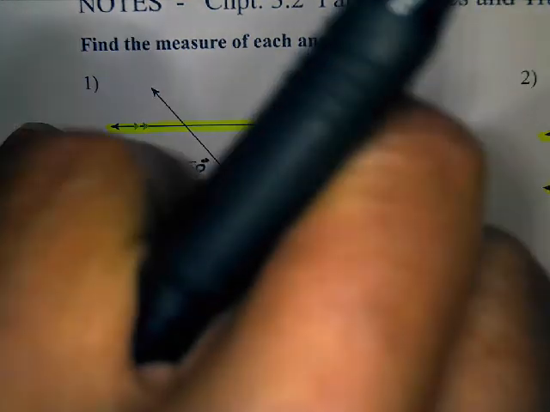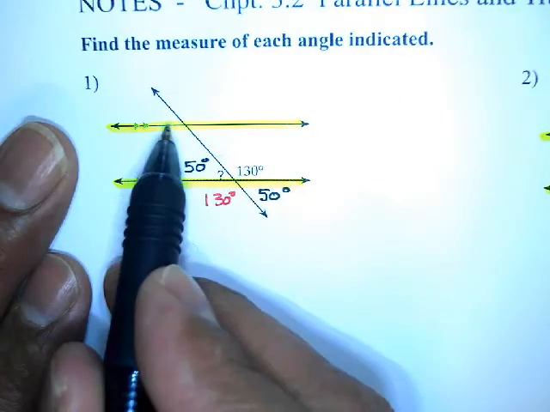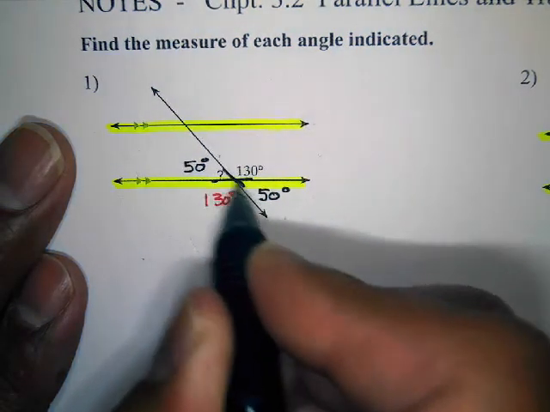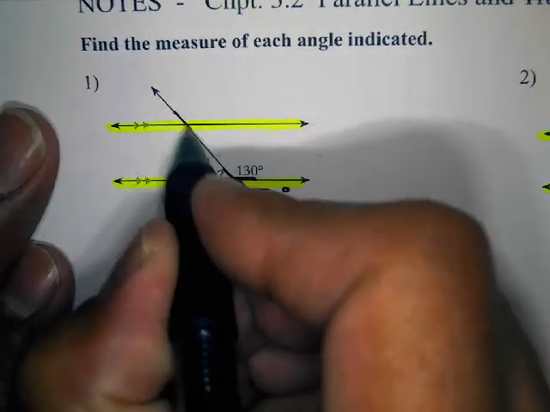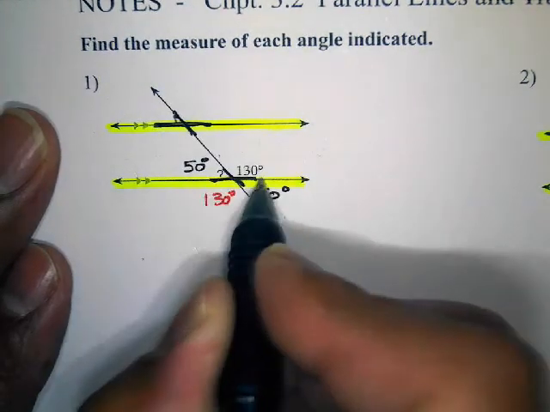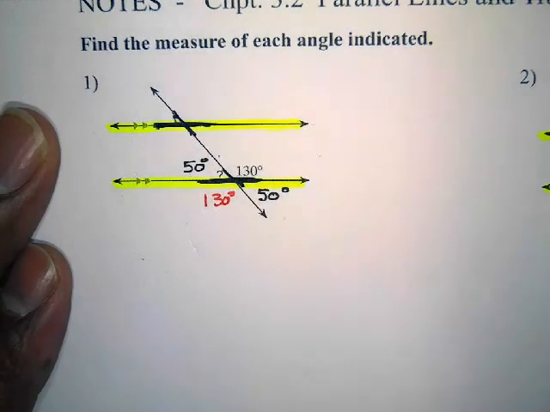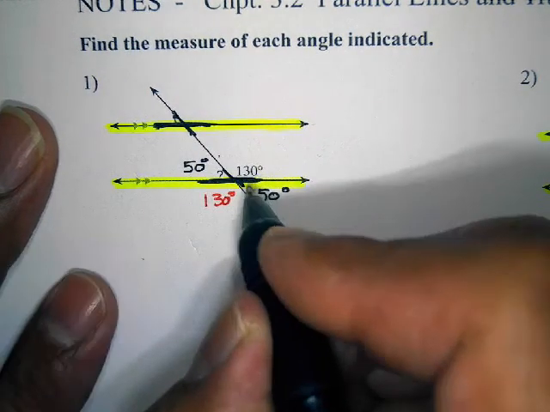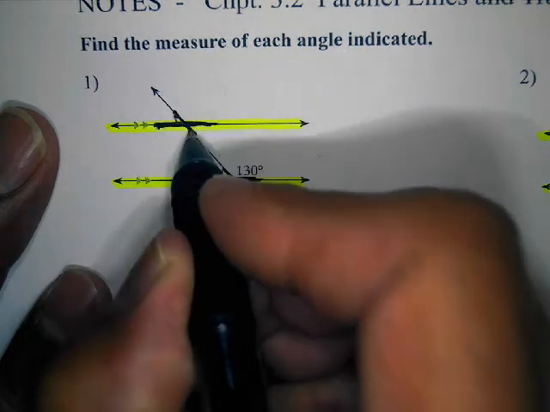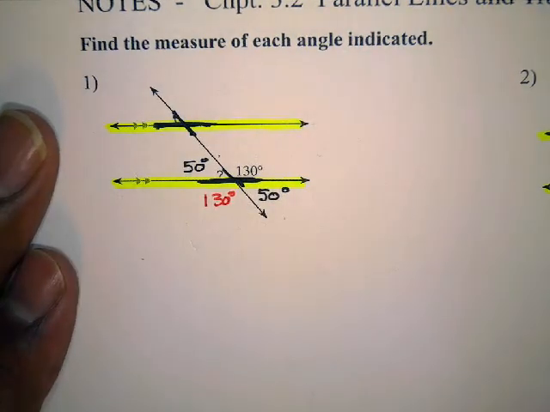Exactly the way all these numbers are sitting, you're just going to kind of copy and paste them right on top of over here. Because remember, this intersection here is identical to this one because the lines are what? Parallel. Because of the fact that these lines are parallel, all these angles that you find in one intersection here, you just copy and paste them and they're going to go up here exactly in the same order.